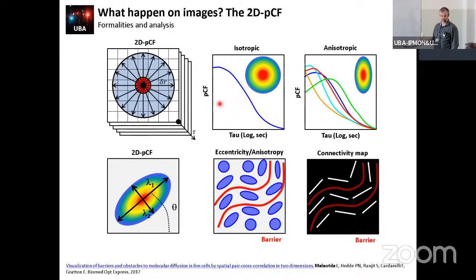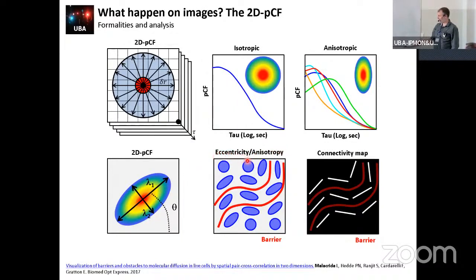We save an image; this is an image of 32 by 32 pixels. And then we analyze all these images one by one. Using this analysis, we assign a calculation that I will explain in a minute. The calculation that we did is how the form, how the shape, of this 2D pair correlation function is, and this is analyzed as the eccentricity or anisotropy.